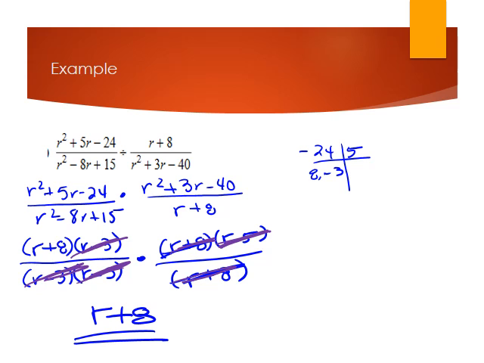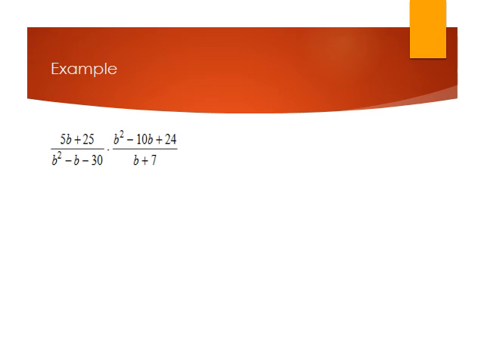Okay. This time it's multiplication, so I don't need to flip, but I'm going to factor. I'm going to factor out the greatest common factor of 5 at the top so that I get 5 times b plus 5. On the bottom, I need factors of negative 30 that add to negative 1, so negative 6 and 5.